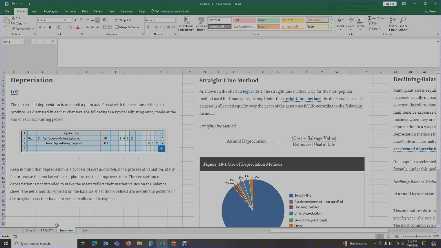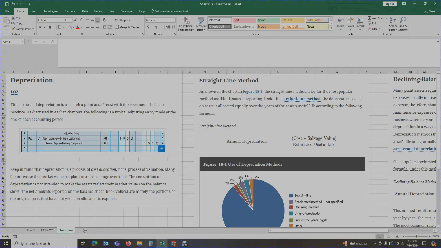The book value is how much it is worth to us in our company based on what we paid for it and what it has been depreciated based on its use and the depreciation method that we elected to use. The recognition of depreciation is not intended to make the assets reflect their market value. It has nothing to do with market value. It's purely to calculate the book value of each specific asset.